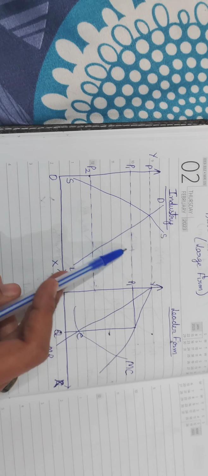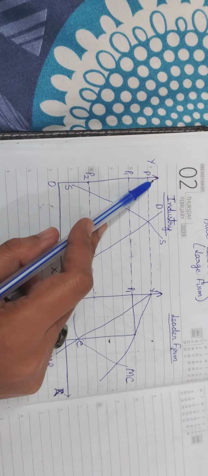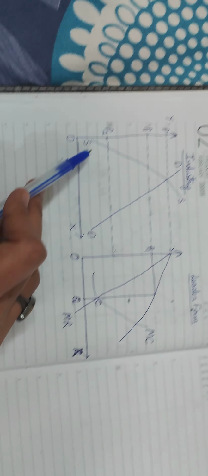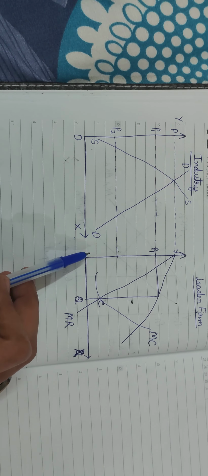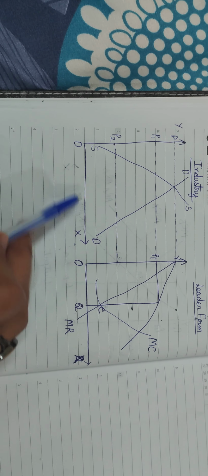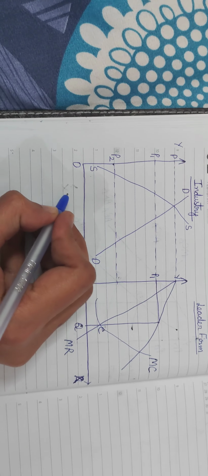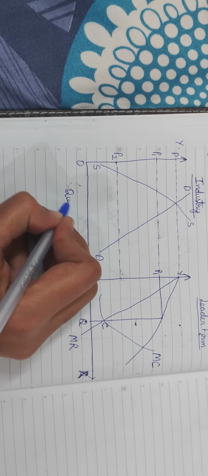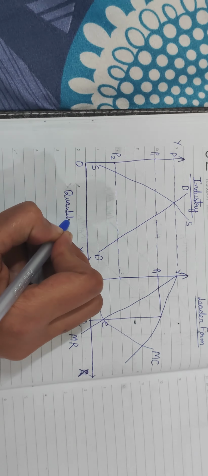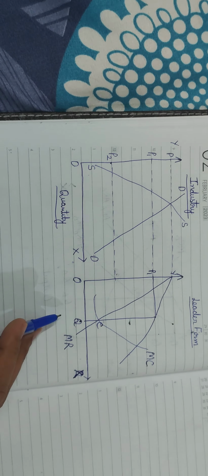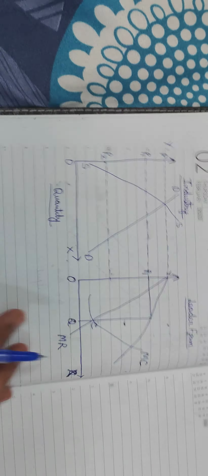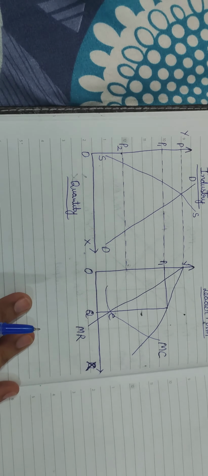Here, price is on the y-axis and on the x-axis we will take quantity.